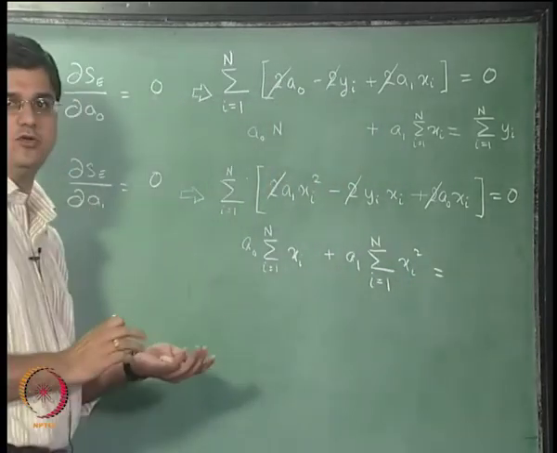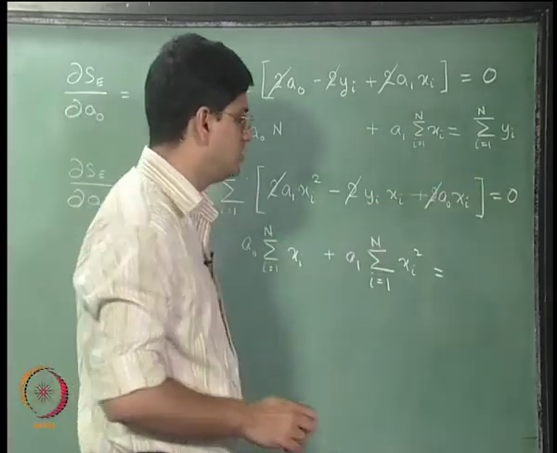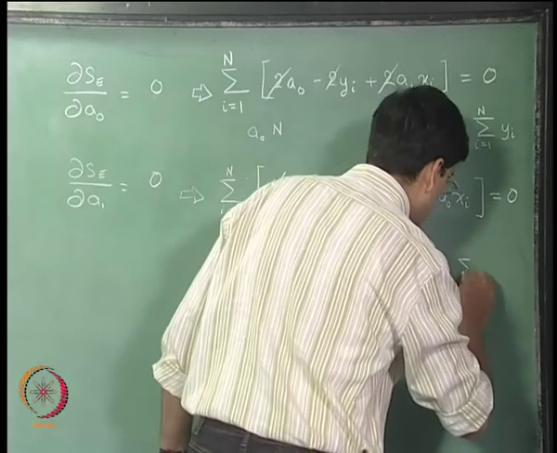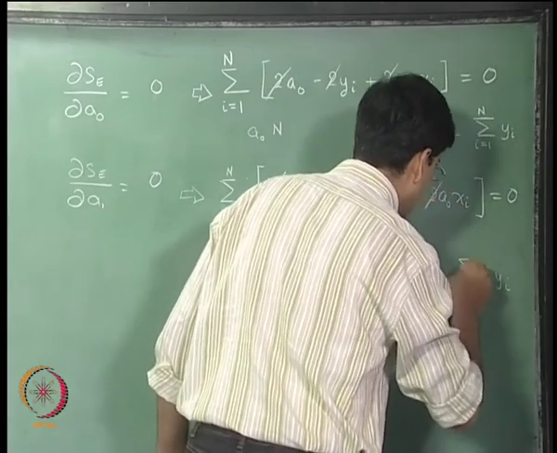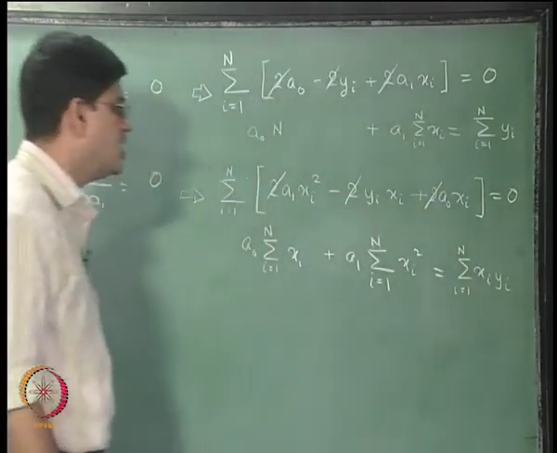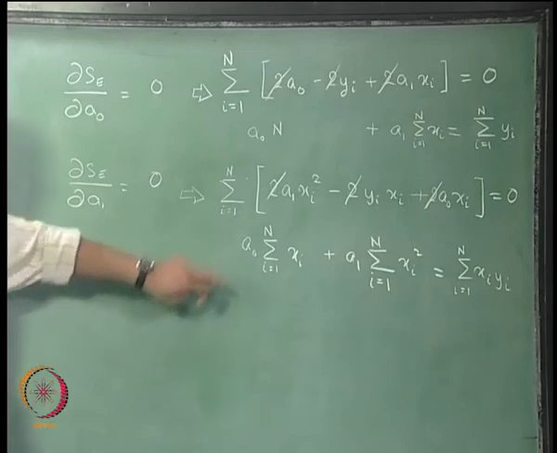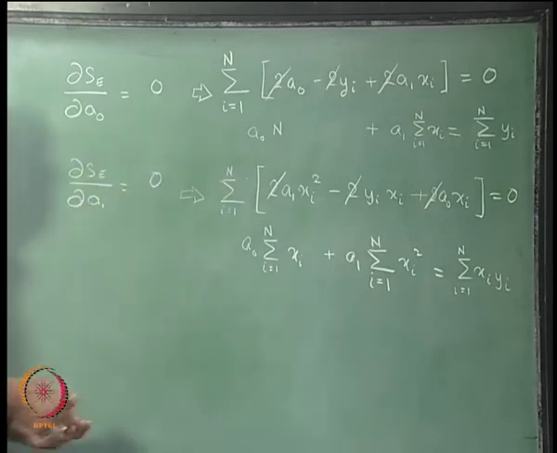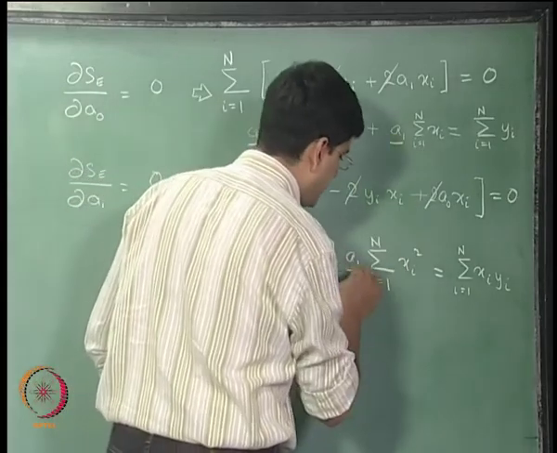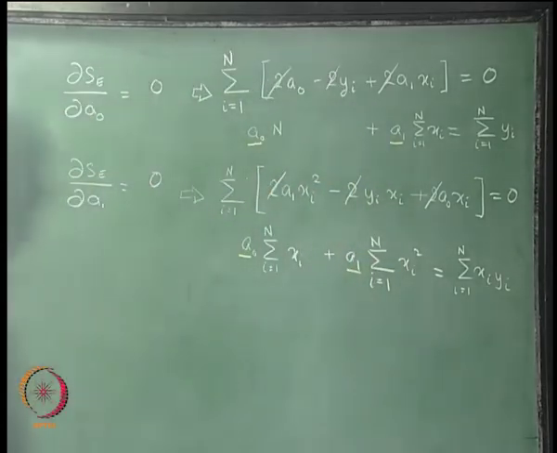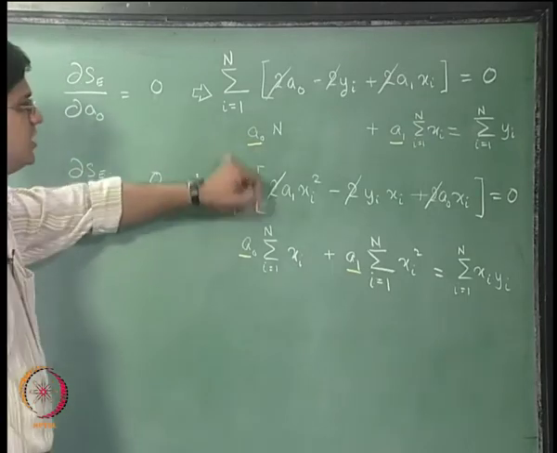And we will take the xi yi term onto the right hand side, so that is equal to summation xi yi, i equal to 1 to n. So now we have 2 equations in 2 unknowns. The 2 unknowns are a0 and a1, and we can solve these 2 equations.